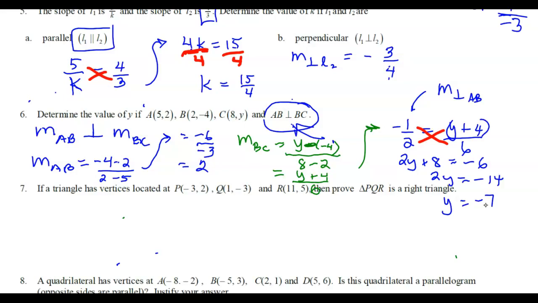So we know all the values of the coordinates. So you want to figure out what the slope of PQ is, the slope of QR, and then the slope of PR. It's a lot of slopes, 3 calculations.